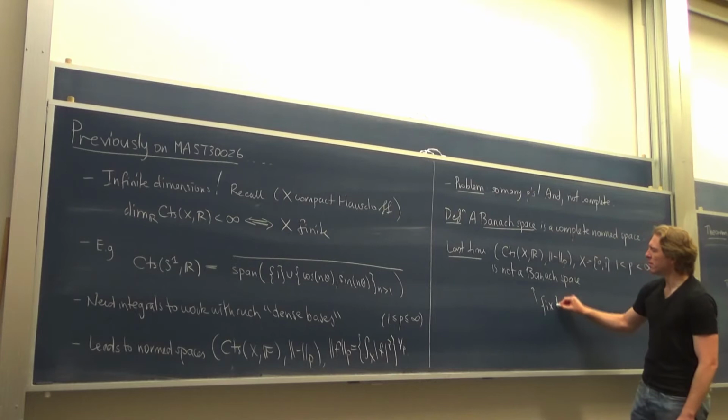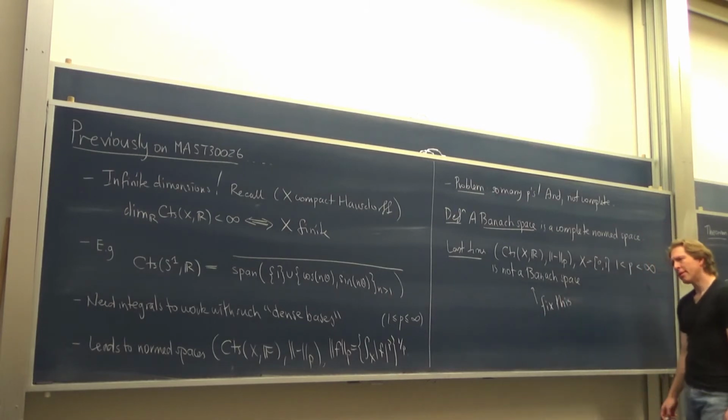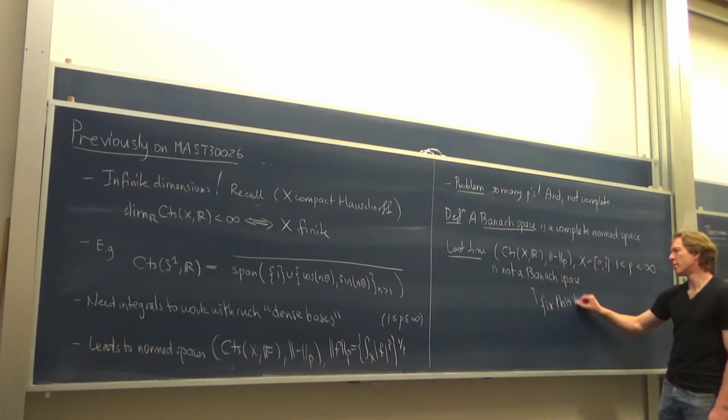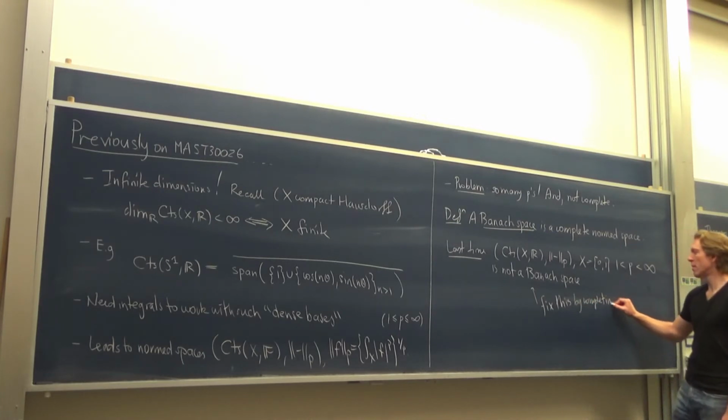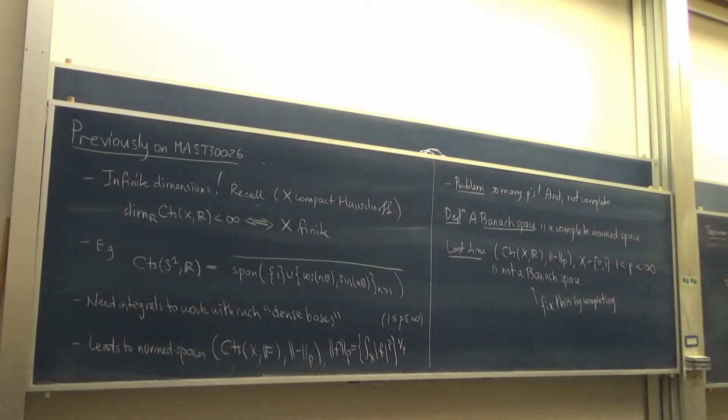Okay, this problem is in some sense the easy one to fix. We just take the completion. That's what we got through most of the way last lecture. So what is the completion? Well, there are various flavors of it.